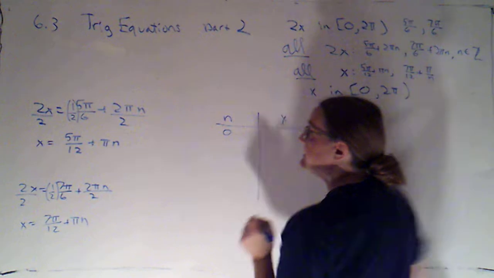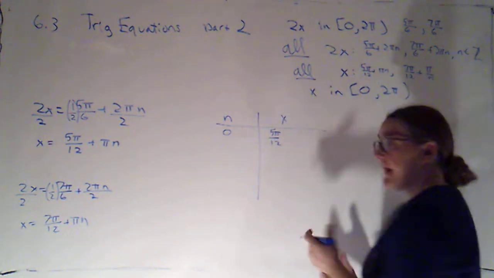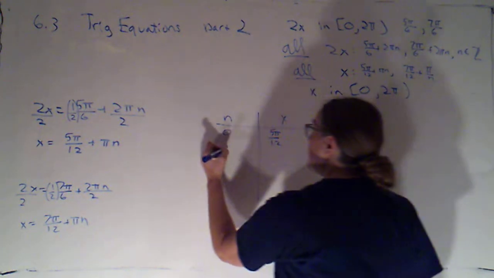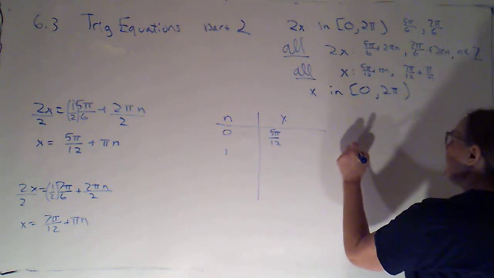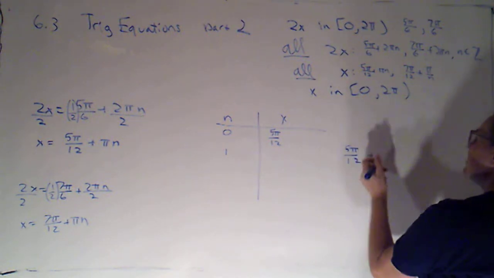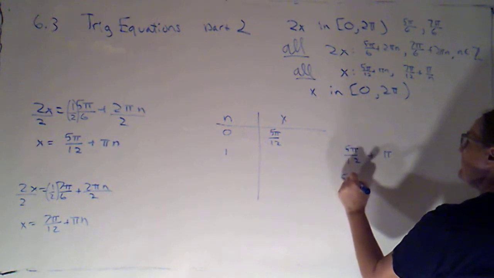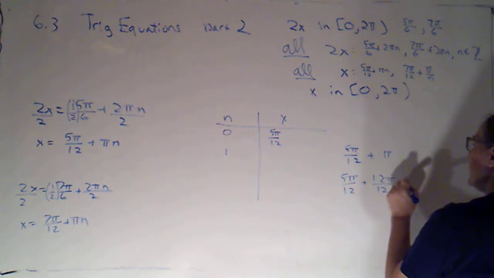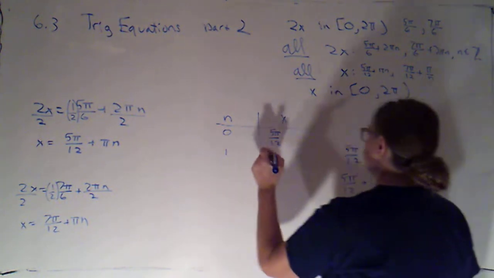If n is 0 here, I would get 5 pi over 12. That's definitely between 0 and 2 pi, so I want to keep that. If n is 1, 5 pi over 12 plus pi times 1 would be plus pi. That would be 5 pi over 12 plus 12 pi over 12, that would be 17 pi over 12.